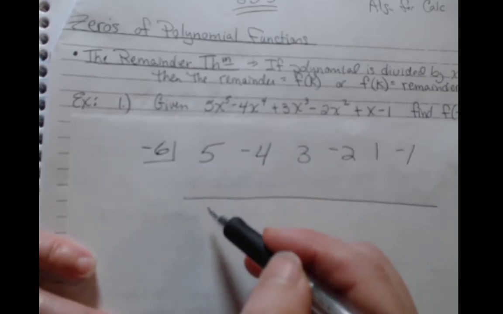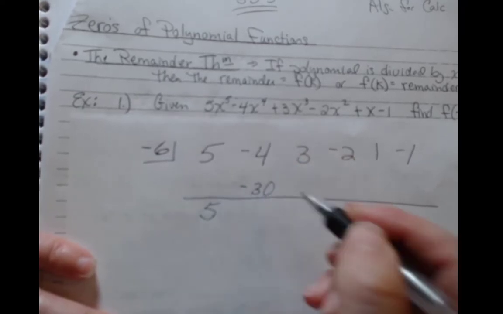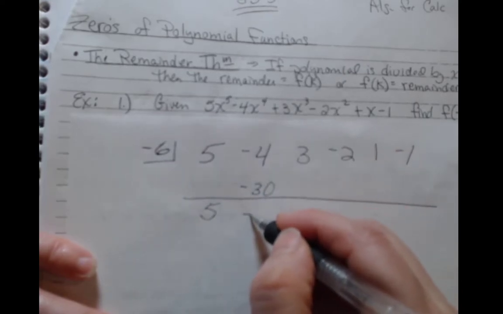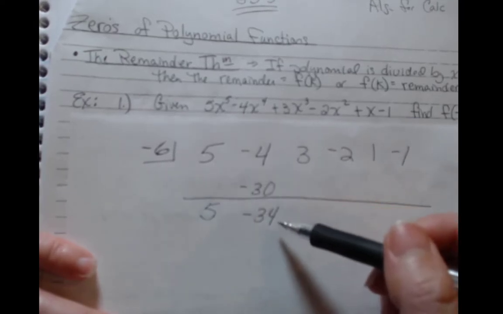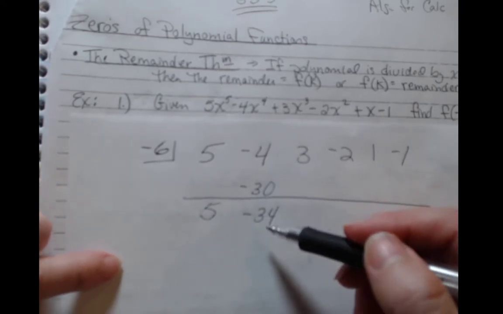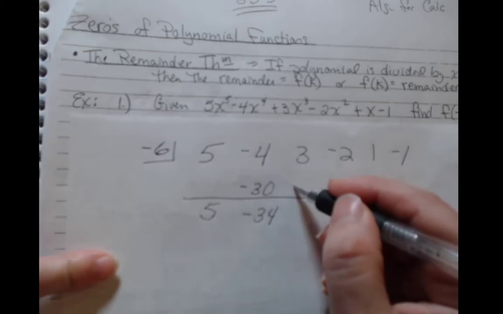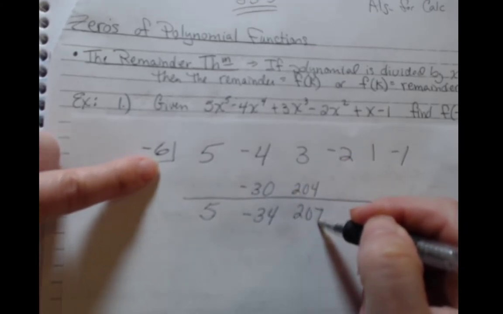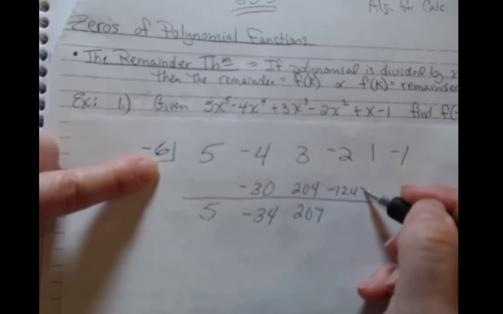So to do this, we drop the 5 down, we multiply to get negative 30, and we add to get negative 34. We multiply. 6 times 34 is 180 plus 24, that is 204. We add 3 to get 207. 6 times 207 is 1242, so that's negative 1242.